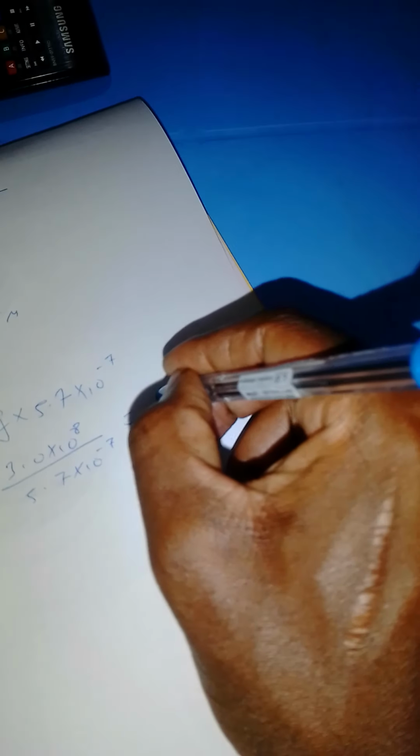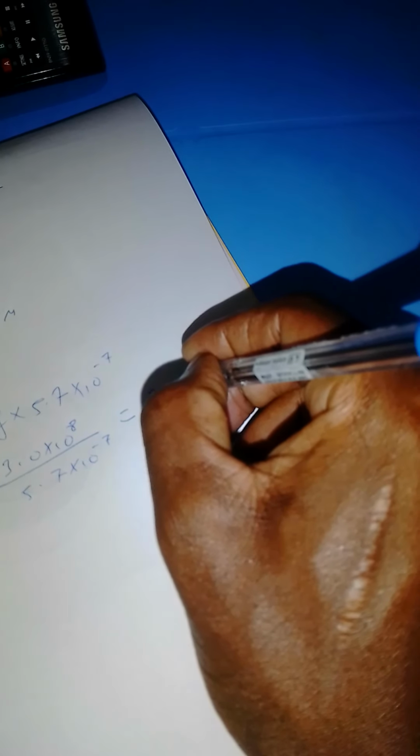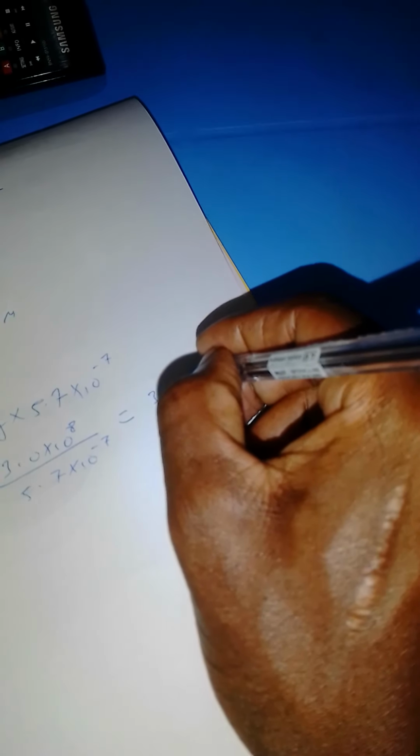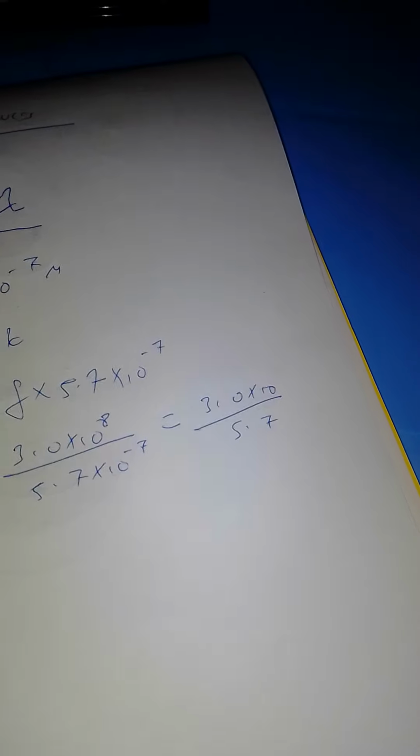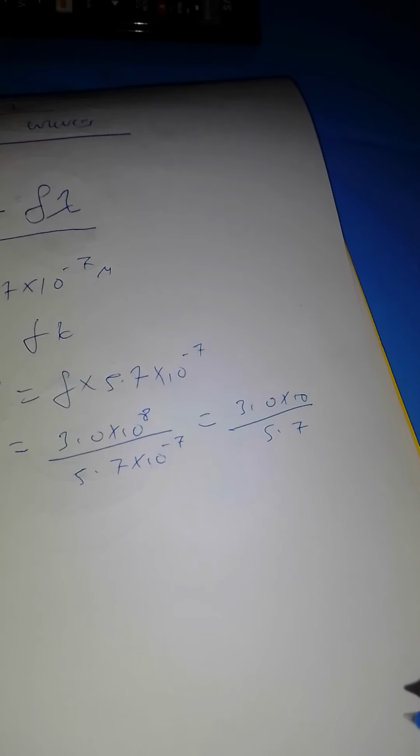Therefore our f is going to be 3.0 times 10 raised to 8 divided by 5.7 times 10 raised to negative 7, which gives us 3.0 times 10 over 5.7. That is the result.